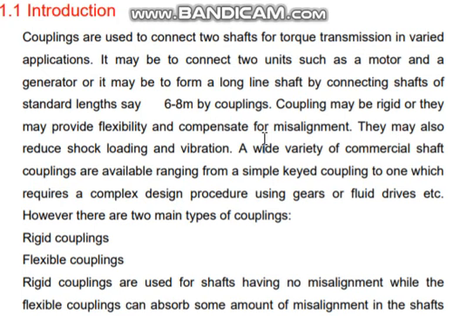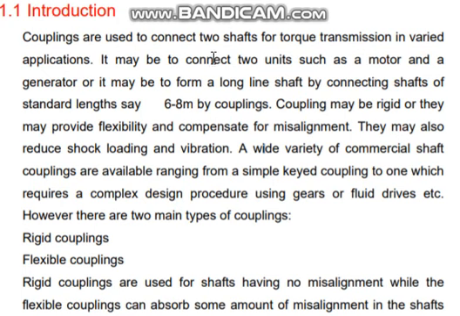Okay, now let us come to the next topic, that is couplings. Couple means two. So couplings means it is something which joins two things. Couplings are used to connect two shafts for torque transmission in different applications.